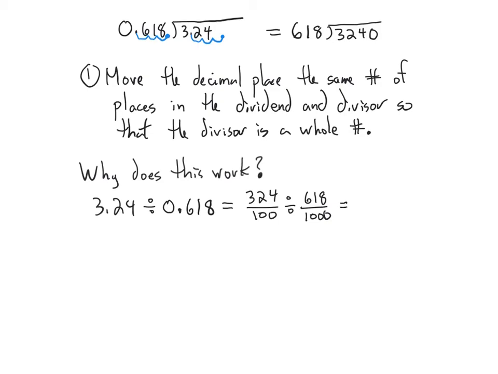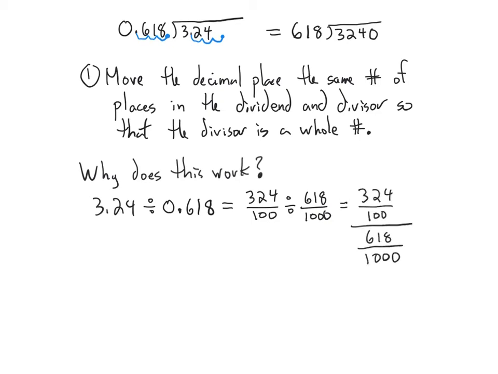I'm going to write this as a fraction divided by another fraction, just so you can see what's happening here. So this is 324 over 100 divided by, so a fraction of fractions, 618 over 1,000.